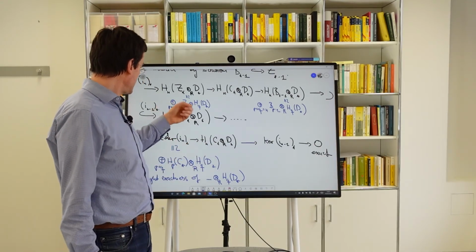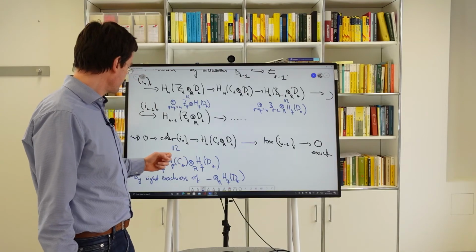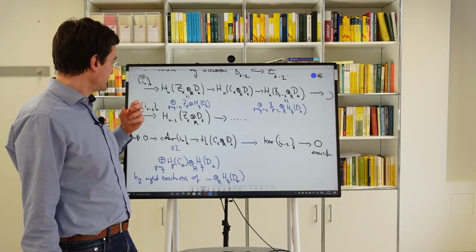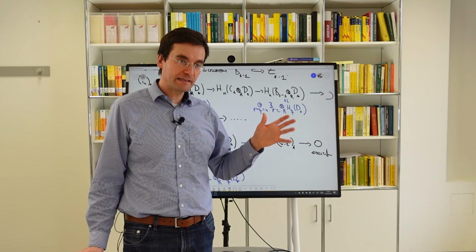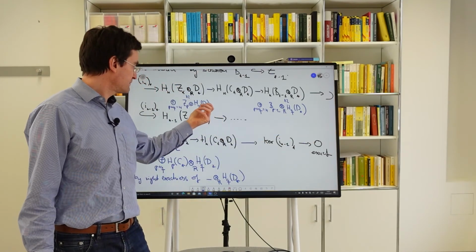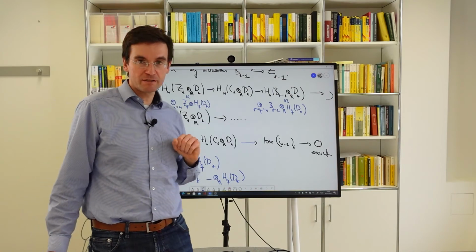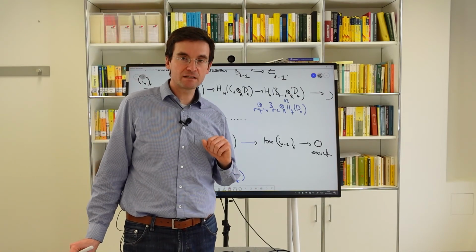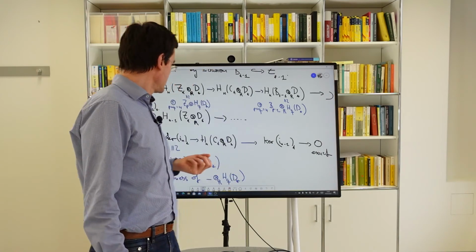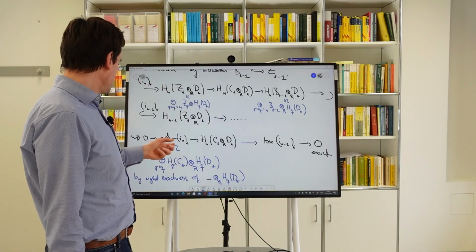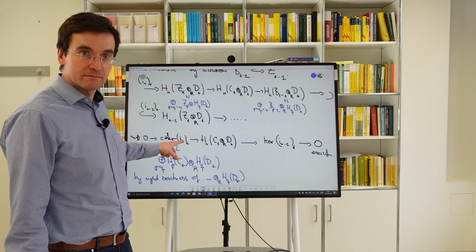So what you really have for this map IN star is the inclusion of boundaries into the cycles tensored with the corresponding homology group of D star, and then a direct sum over those. And you build the co-kernel of that map.